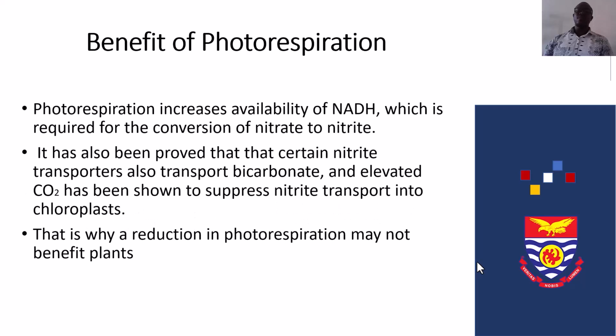Photorespiration increases availability of NADH, which is required for the conversion of nitrate to nitrite. It has also been proved that certain nitrite transporters also transport bicarbonate, and elevated carbon dioxide has been shown to suppress nitrite transport into the chloroplast. That is why a reduction in photorespiration may not benefit plants.